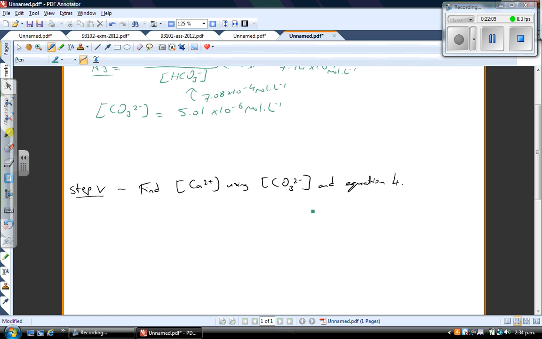So equation number 4 is essentially, we wrote this already, for the sparingly soluble dissolution of calcium carbonate solid into its component ions, which are calcium plus carbonate ions. I don't know why I put concentration brackets on there, get rid of those.